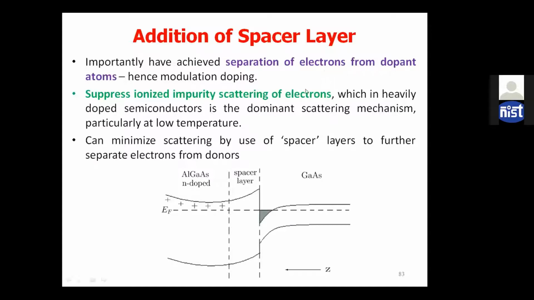As already explained, to further improve the conductivity, you simply add a spacer layer. If you add a spacer layer, then the distance between the positive ions which are left in the AlGaAs and the electrons in the GaAs increases. What will happen? You know the Coulombic interaction F is equal to minus Q1 Q2 by R square, times 1 by the dielectric constant, so R increases. As R increases, F decreases.